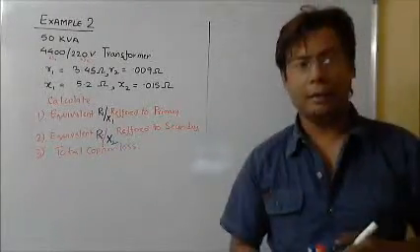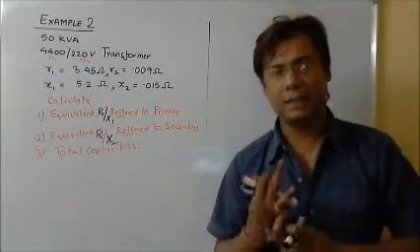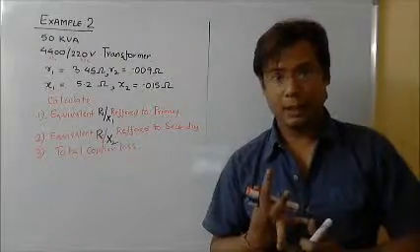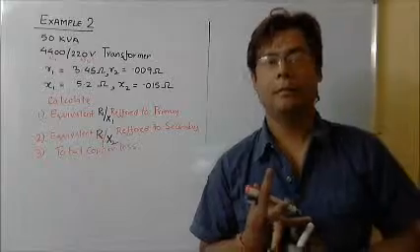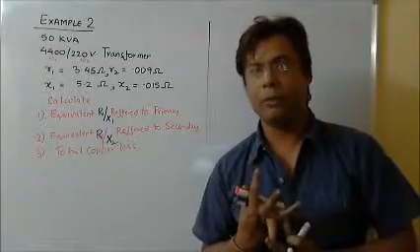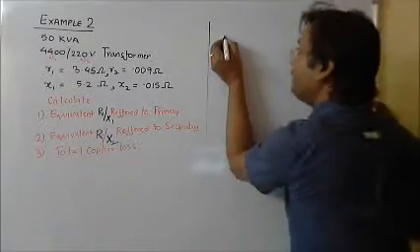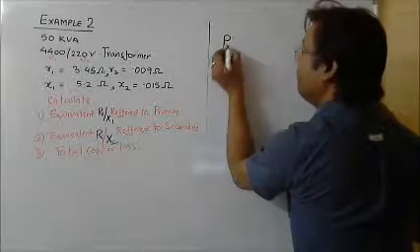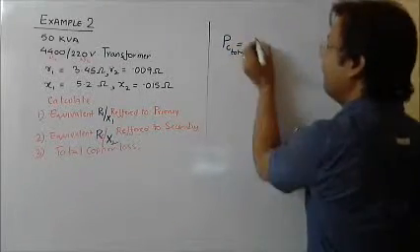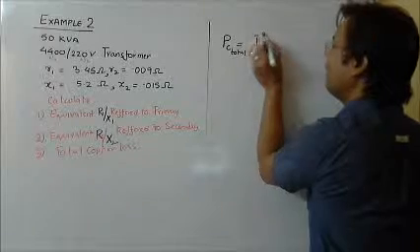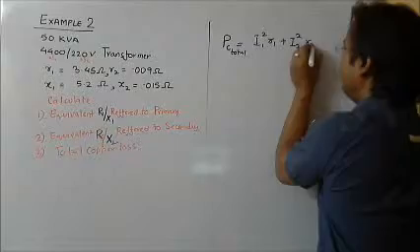One should understand that to find the copper loss, we should have either the resistance of the primary and the secondary, and the current of primary and secondary. From both I can find the total copper loss. If I write P copper total, I can find it in this way: I1 square R1 plus I2 square R2.